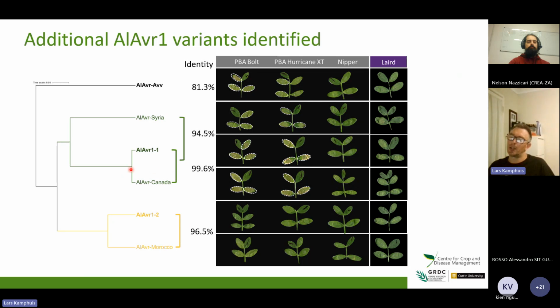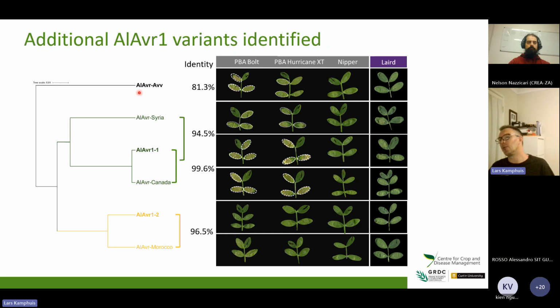And then there was a set of isolates from Canada that had a single base pair change that led to an amino acid change that also caused necrosis in both varieties. Then there was a variant in Syrian isolates that also caused necrosis, but a lot weaker than what you see for these 2 versions of the protein.